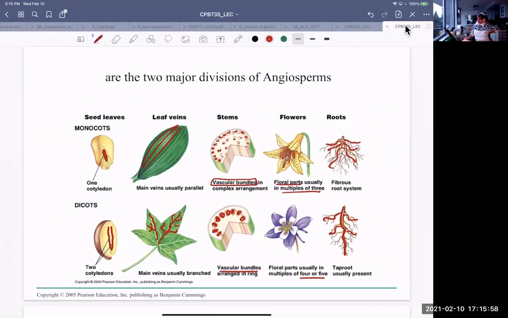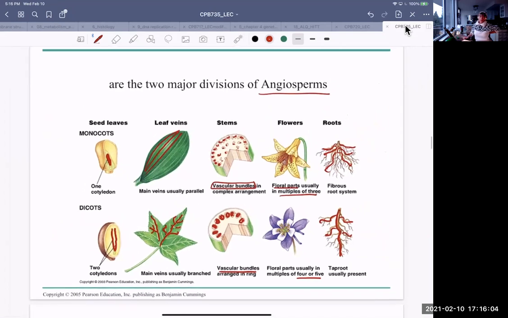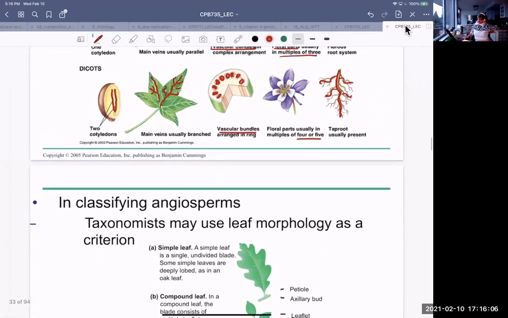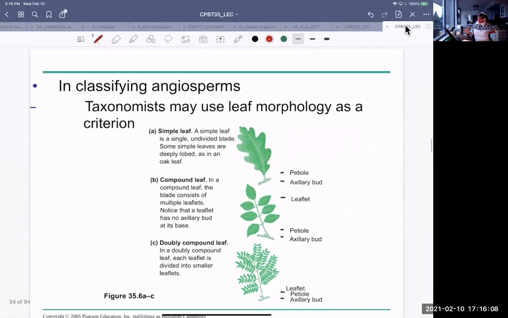So angiosperms divide into these two groups that differ morphologically. And so of the leaves that you showed, there's different kinds of leaves. And we use that leaf morphology to distinguish them and to classify them into different species.